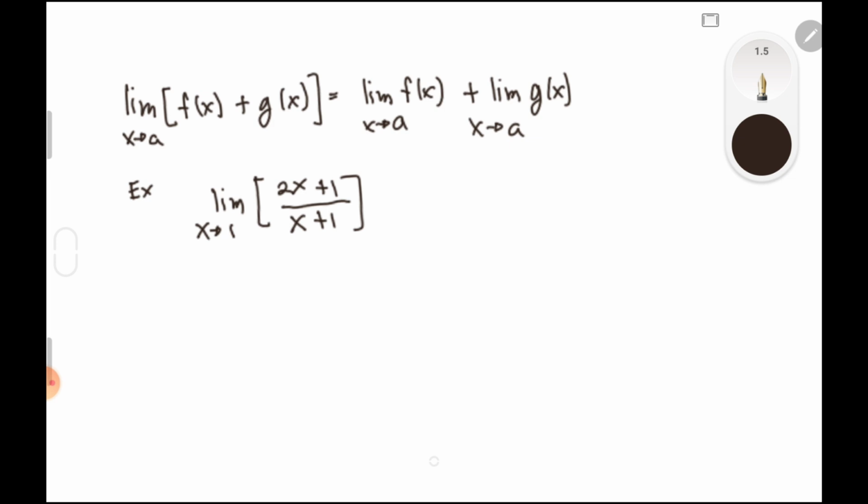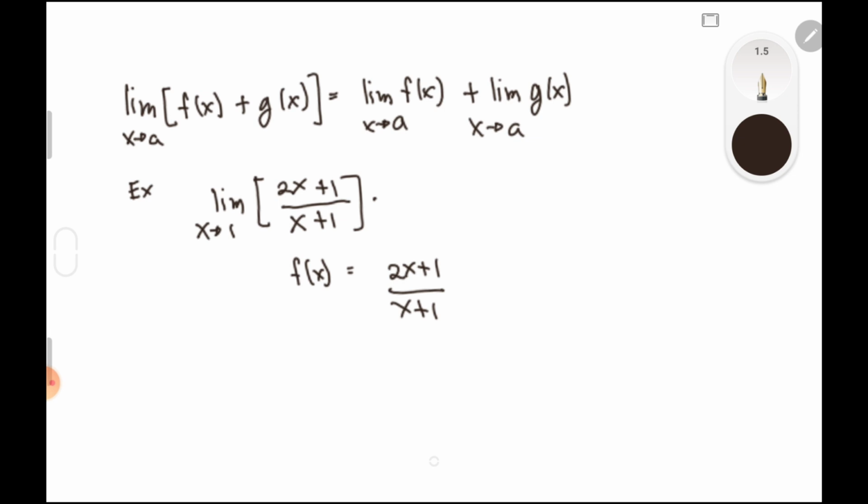So we can write it into, let's say, f of x will be equal to, okay, so I will manipulate the equation 2x plus 1 divided by x plus 1.